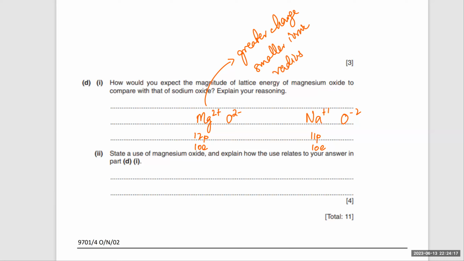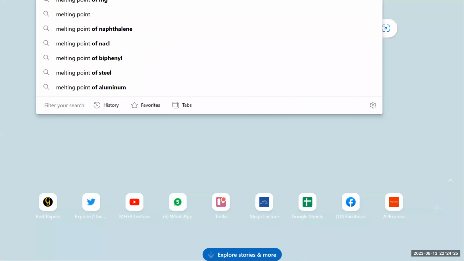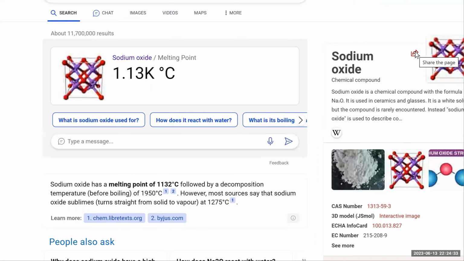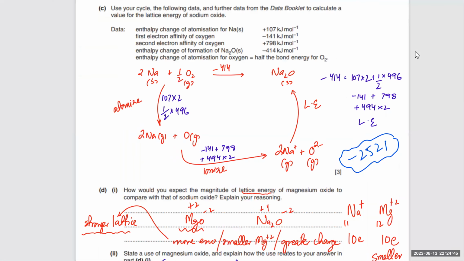If you look at the melting points, if I search for the melting point of sodium oxide, it's probably close to 1000. Yeah, 1.13. And similarly, if I look for magnesium oxide, it's probably going to be close to 3000.